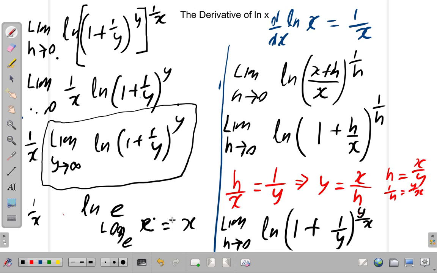Now, here, this e is saying, if you have e raised to the power of x, it will give you this. Alright, let's put it this way.